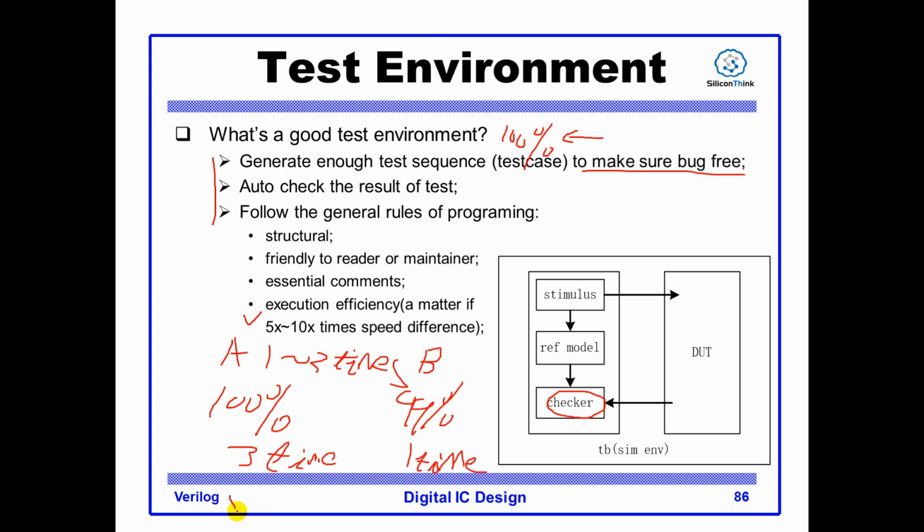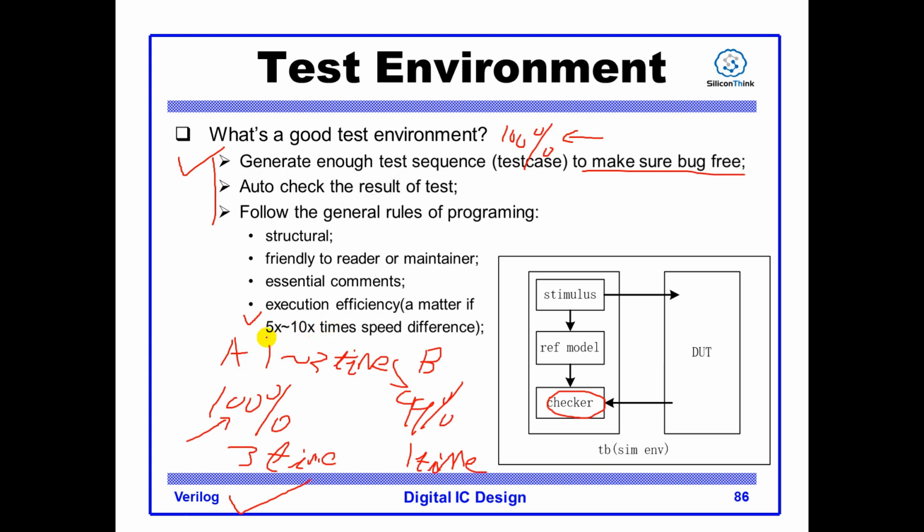Of course, A is better. Even though it will use more CPU time, it has reached the goal of 100% coverage. This is much better. So this is the sum of rule to tell a good environment from a bad one.